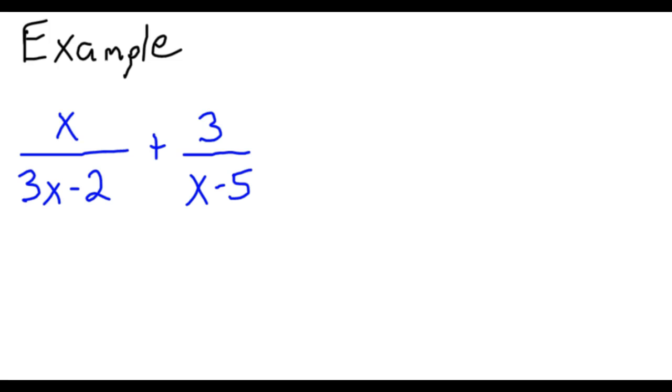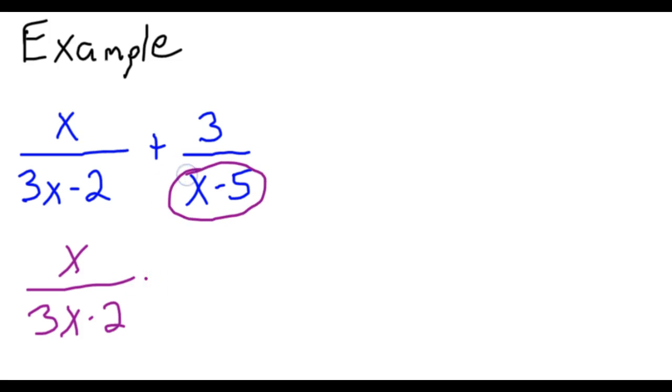In this example, it's almost easiest to just multiply each term by the factor in the denominator of the opposite term. So for example, if I'm taking x over 3x minus 2, I'm going to multiply that by the other denominator, x minus 5 over x minus 5.